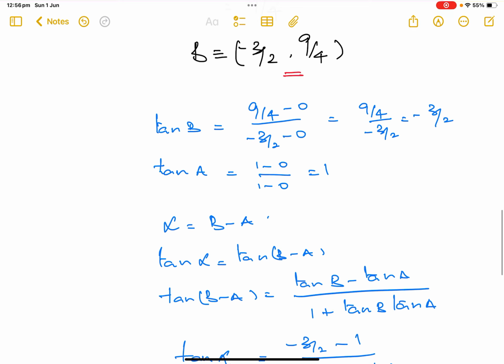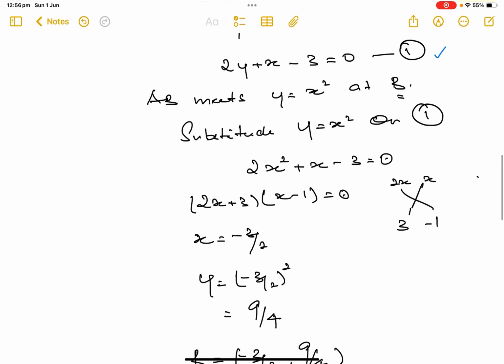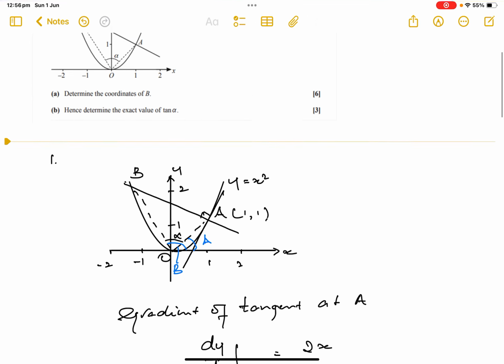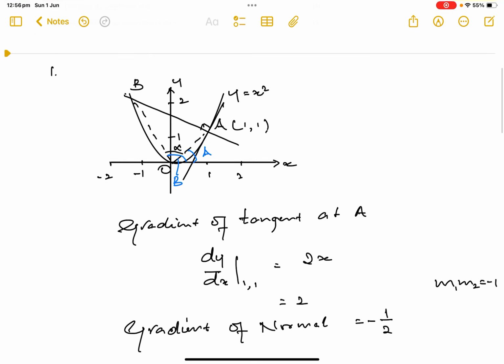The second part, we need to find the exact value of tan alpha. Tan alpha involves the lines OA and OB. Take OA as one line and OB as another, each with a gradient.